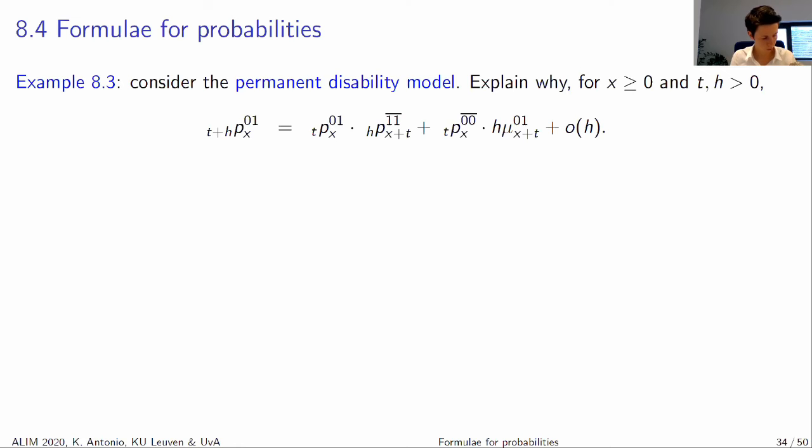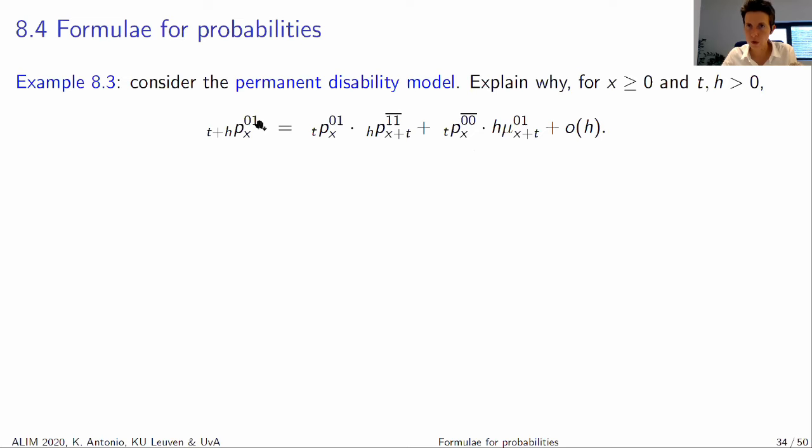of transition probability. So first of all, we want to understand that the following expression makes sense. So let's start from there. And we're going to look here at the t plus h p_x^{01}.